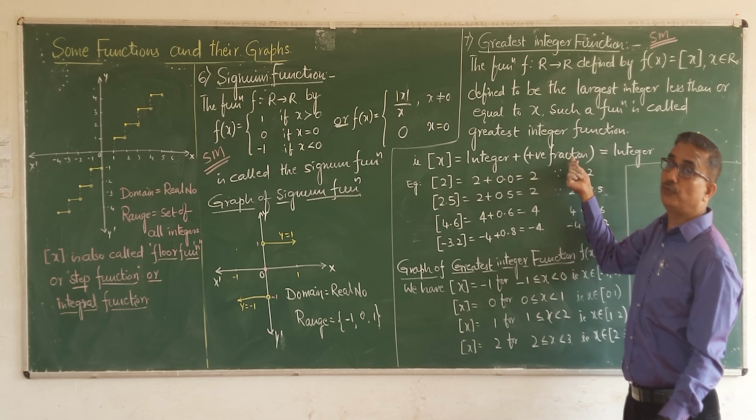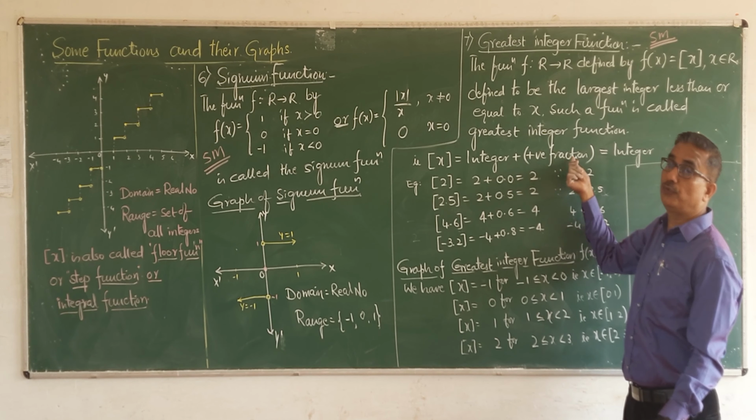The fraction is a decimal, a positive fraction, and the answer should be an integer. So square bracket x is equal to integer plus positive fraction equal to integer. This is also the definition of greatest integer function.